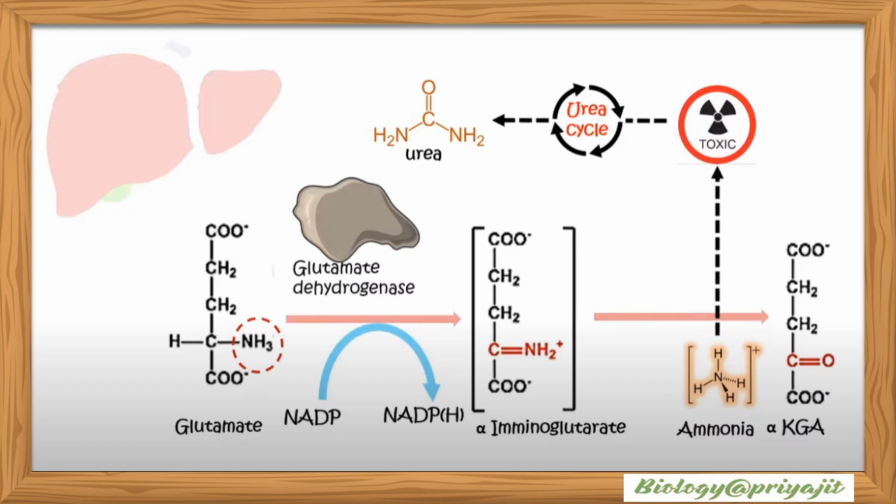The intermediate product of this reaction is alpha iminoglutarate. In this process one molecule of NADP will be converted into one molecule of NADPH, or reduced NADP. The ammonia, which is toxic, will be converted into urea, which is less toxic or less harmful, and it will be excreted out.